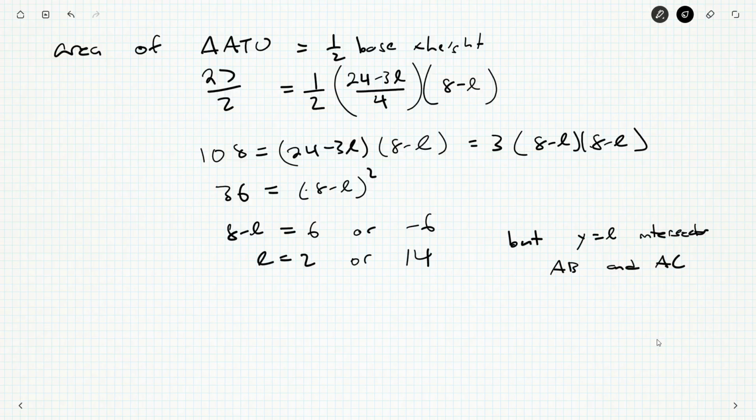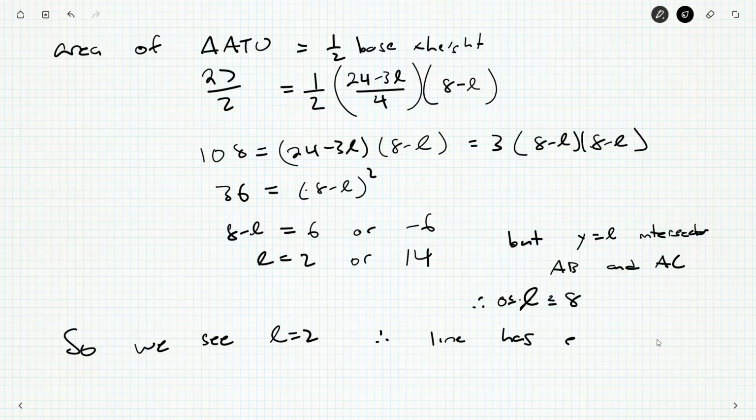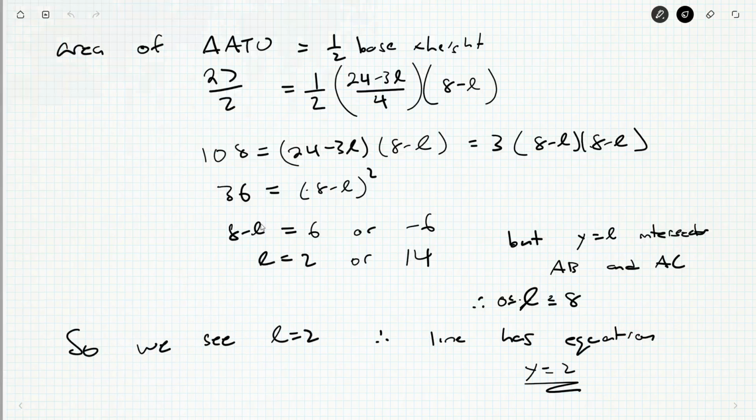Otherwise, how would we get T and U? Therefore, 0 is less than or equal to L is less than or equal to 8. So we see L is equal to 2. Therefore, the line has equation y equals 2. Exactly the same thing we had before, but here's some more calculation and algebra-based work.